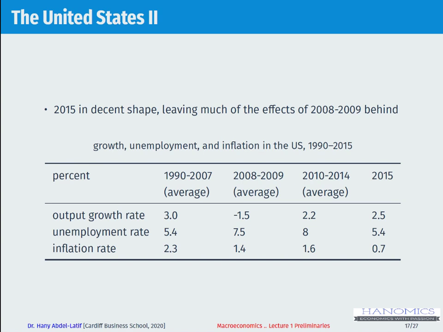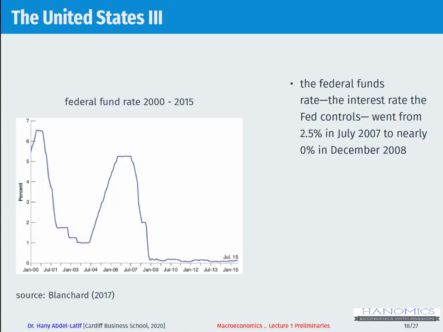These are the three main indicators that we discussed in the previous lecture. What I want to add here is the monetary policy, what the Fed, the Federal Reserve, the American central bank, tried to do during the shock or the recession. They tried to lower the interest rate, which is called the Fed funds rate.